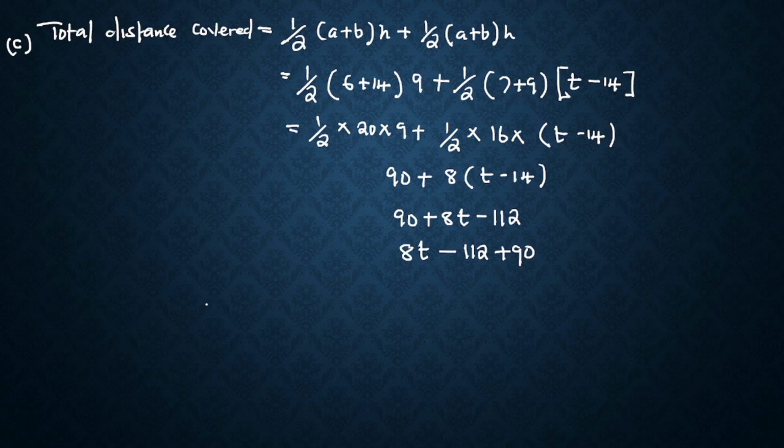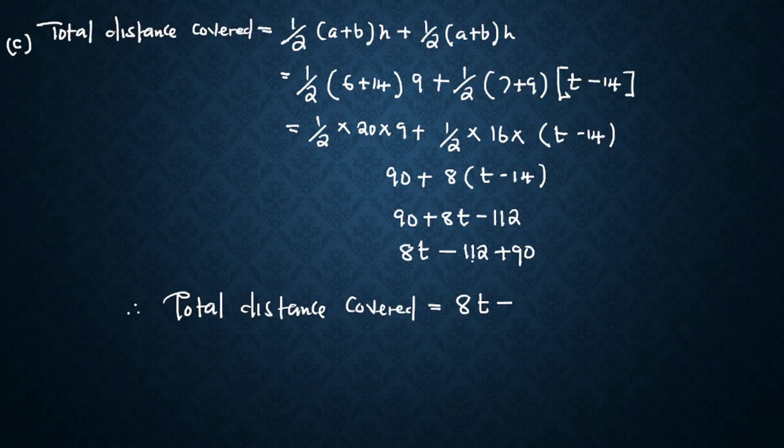Okay, therefore we're going to say that the total distance covered is 8t minus a negative 112 plus 90 is going to give us 22. So meaning the total distance covered is 8t minus 22 meters.